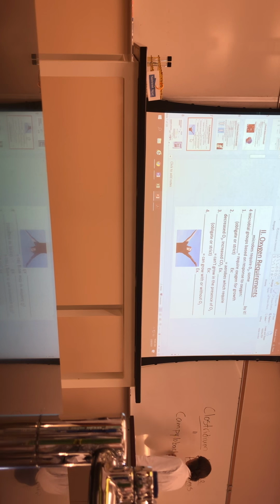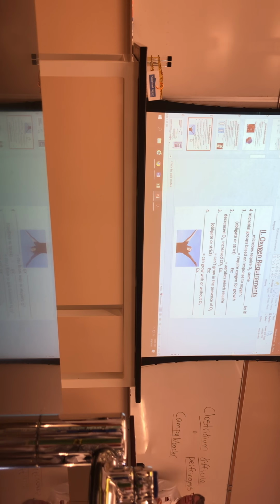You can just give me the genus name. Campylobacter causes a diarrheal syndrome similar to Salmonella. Most students have heard of Salmonella, and if you're cooking chicken at home, that juice is crawling with Salmonella. It's also crawling with Campylobacter. And Campylobacter is a microaerophile.